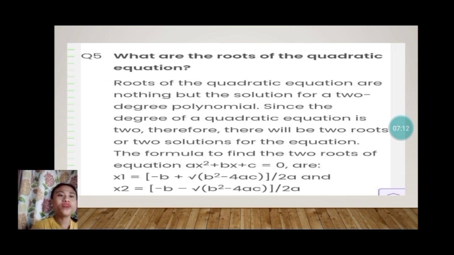The formula to find the 2 roots of the equation ax squared plus bx plus c equals 0 are x1 equals negative b plus the square root of b squared minus 4ac, over 2a, and x2 equals negative b minus the square root of b squared minus 4ac, over 2a.